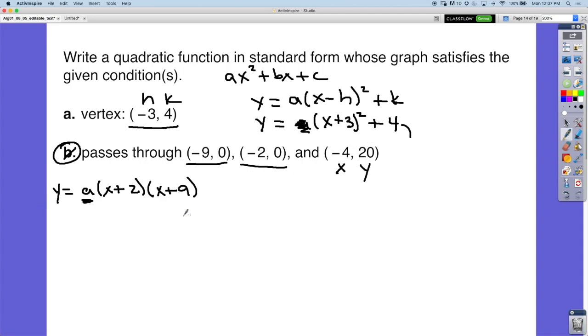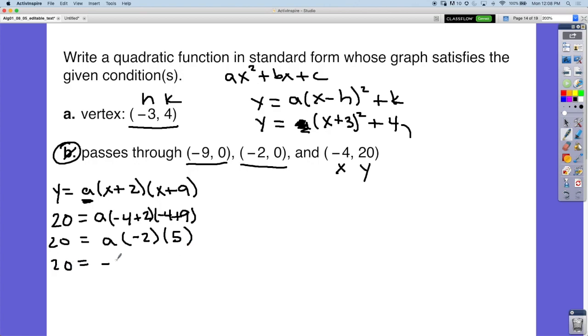So I already know that y is 20. I'm going to plug that in. 20. I don't know a yet, so I'm going to leave it as a. But I do know what x is in this problem. X in this problem is -4. So -4 plus 2 times -4 plus 9. 20 equals a times, this is -2 times 5.